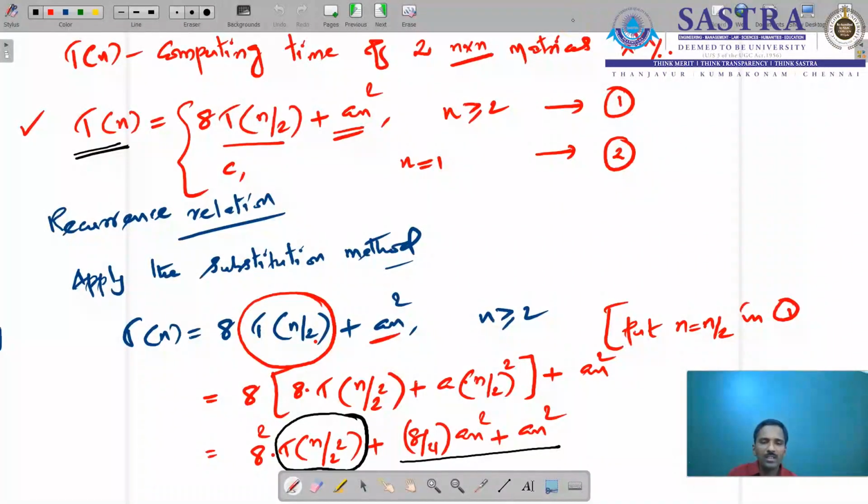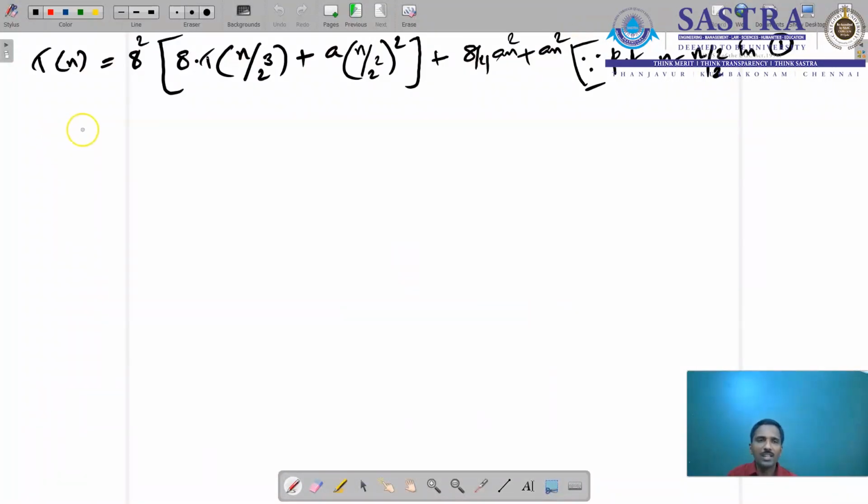Now simplifying this recurrence relation one step further, 8 squared into 8 becomes 8 power 3 into T(n/2³) plus a n²/4², which we can write as a (n/4)².